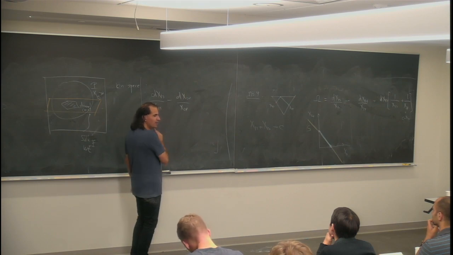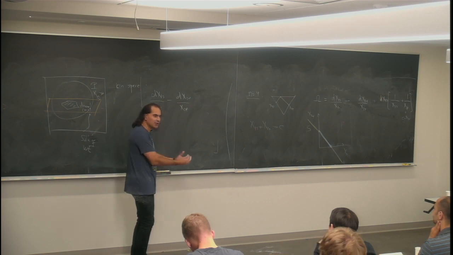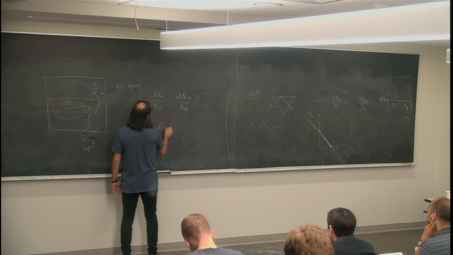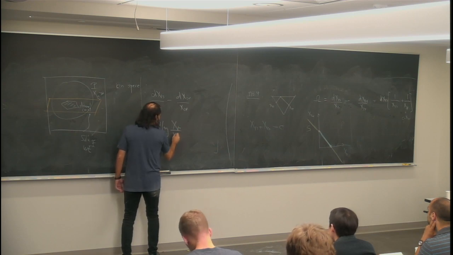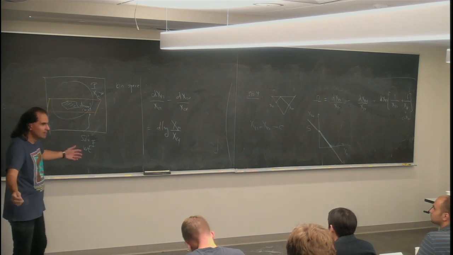In other words, this form only depends on ratios of the x's and not on the absolute sizes of the x's. With the minus sign here, this is d log of x13 over x24. Unless I had a plus sign there, it would not be.